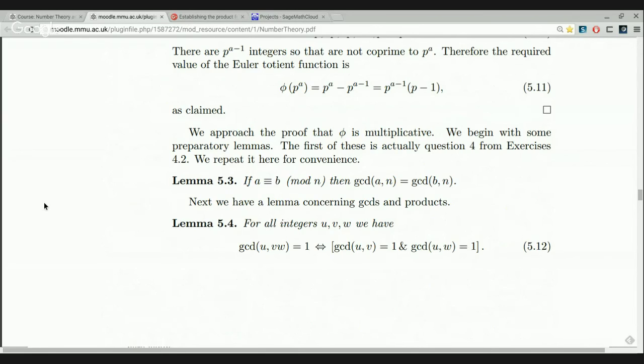And this property here, we've proved half of this in an exercise. This talks about the greatest common divisor of U with a product VW.